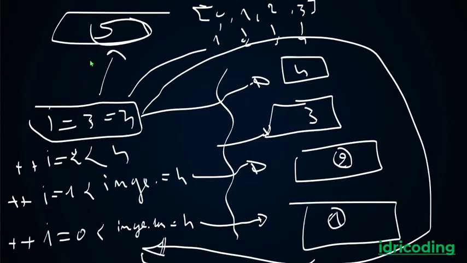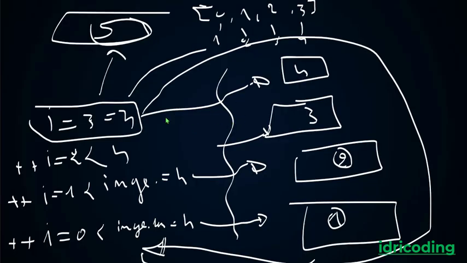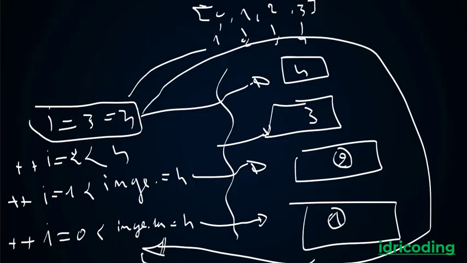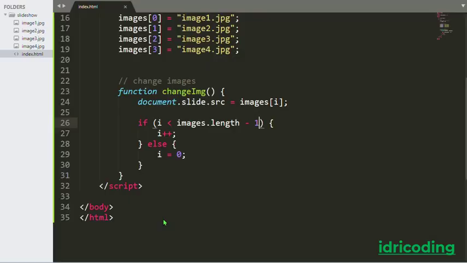To fix that, we go here and subtract 1. Now, if we subtract 1, it's not going to display the fifth picture, it's just going to return its first value, and i equal to 0. Now I think we are good to go.